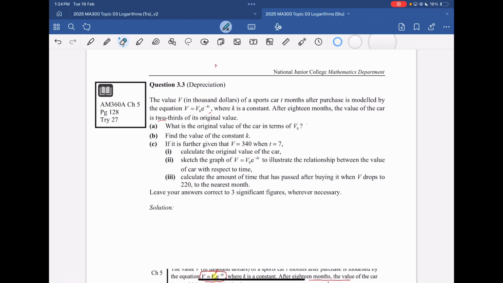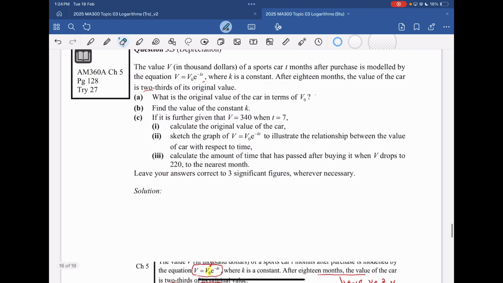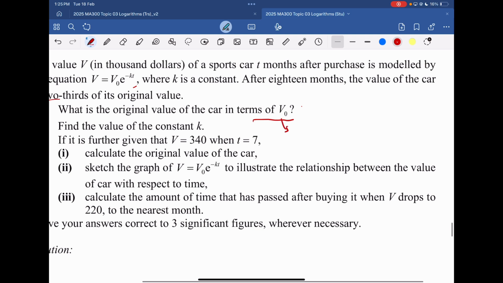Okay, so now I will come to question 3.3, which is the depreciation question. We know that the value will eventually go to zero, because a car is never an investment. Once you drive out of the garage, it immediately drops like $20,000. What's the original value of the car, V0?